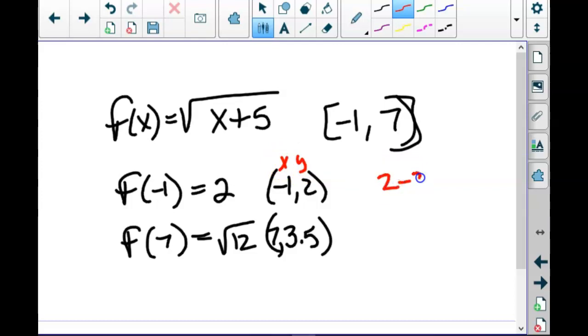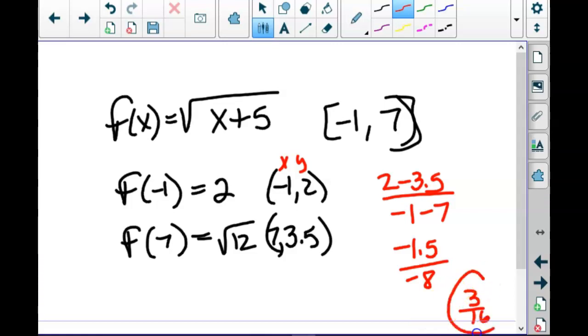I'm going to do it 2 minus 3.5 over -1 minus 7. -1.5 over -8. I got 0.1875 or 3/16. Again, we rounded, so anything would have been okay on that one because of the radical.